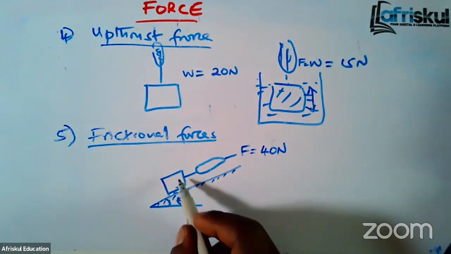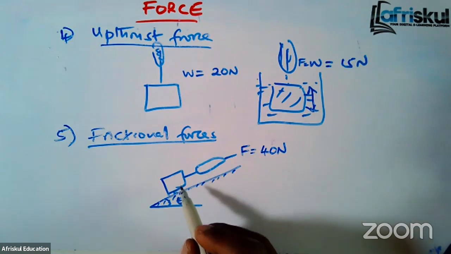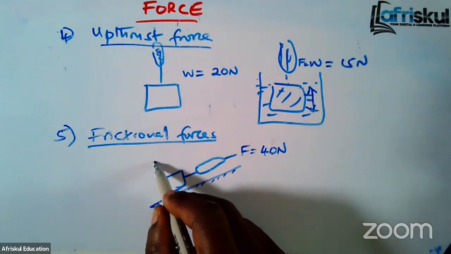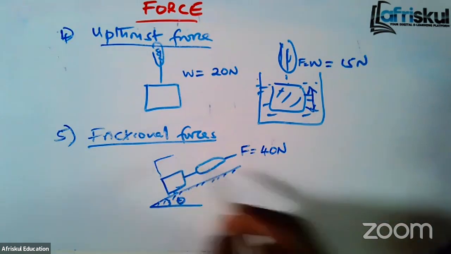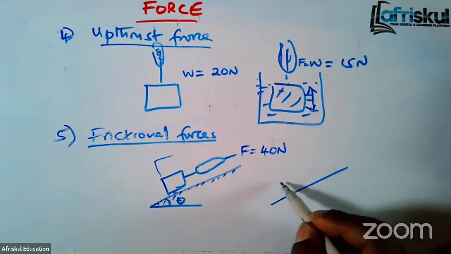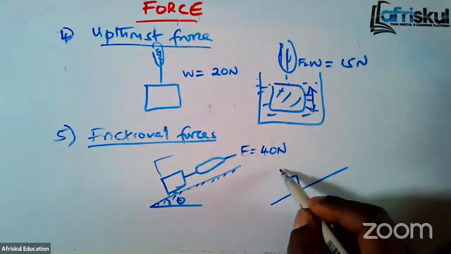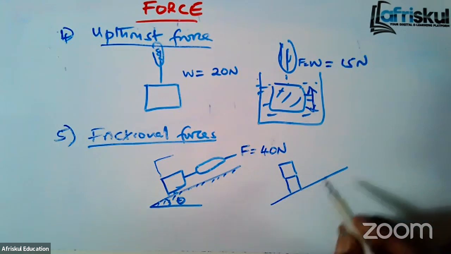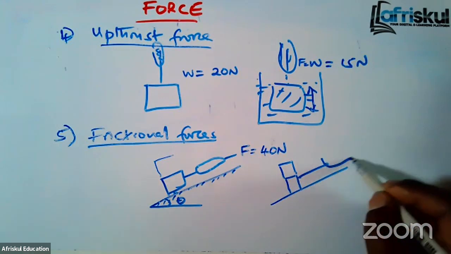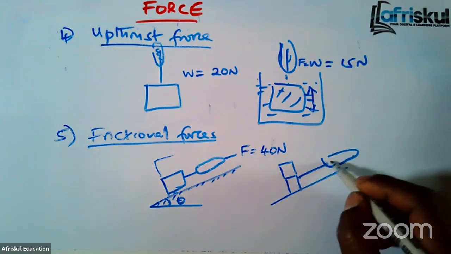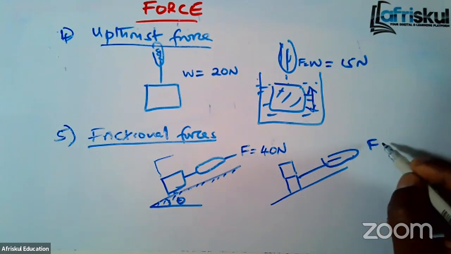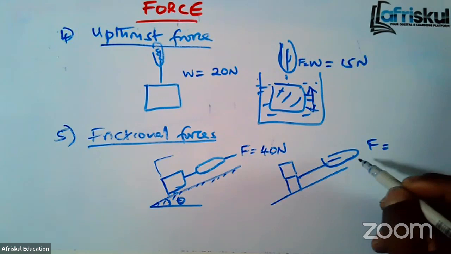Now, if you have another body, let me have another diagram, and you pile it upon this. You pile two of them, of the same weight, same nature, and then you pull again using a spring balance. Here, you may have to exert much more force before the arrangement begins to slide up.